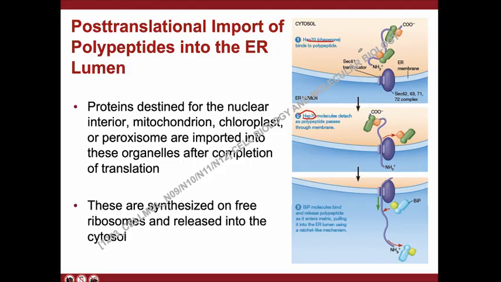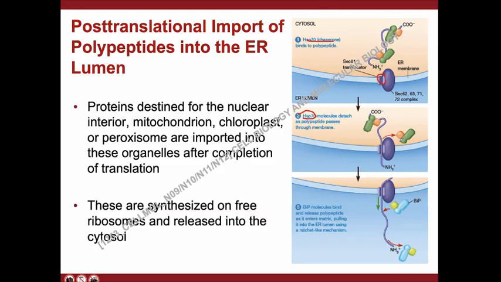The polypeptide will then dock with your translocator, whose core is the SEC61 complex. This is our translocator. The HSP70 proteins will also be released as the polypeptide begins to thread through the pore. As it goes inside and outside, you will see that later on.